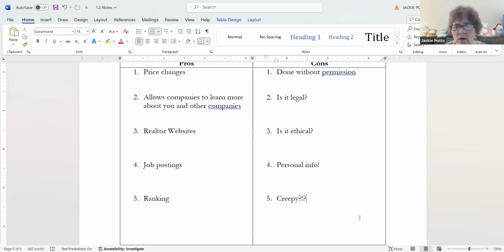Well, this is all from web scraping. And I do find it personally a little creepy that it really does bother me that just because I search this one thing, all of a sudden you're sending me emails and pop-ups and Facebook. It's like I wasn't even on Facebook, and all of a sudden I'm getting these ads for something on Facebook. What? No, I don't. It's creepy how much they know.